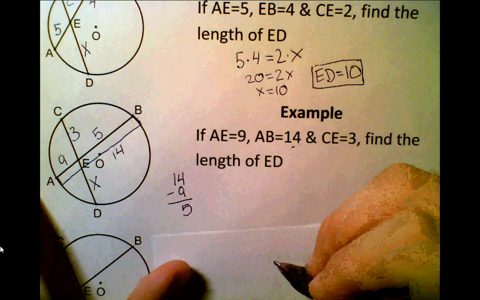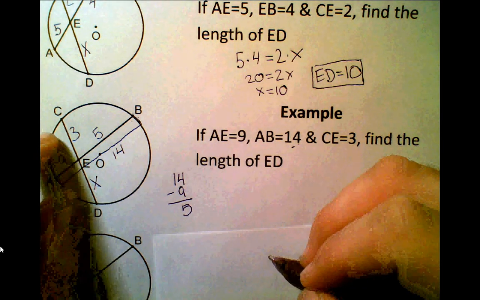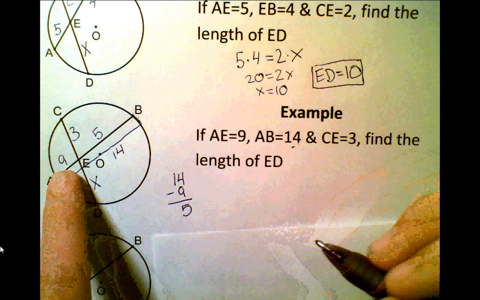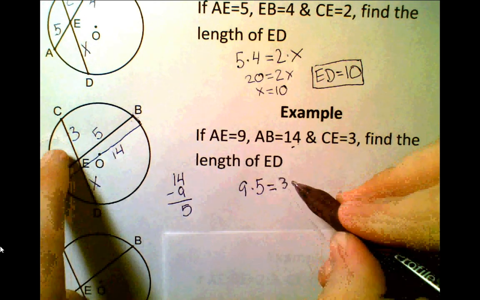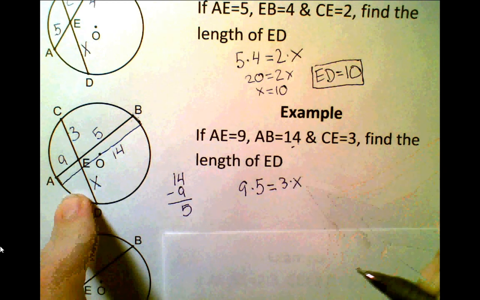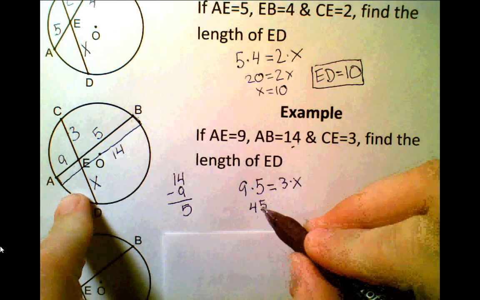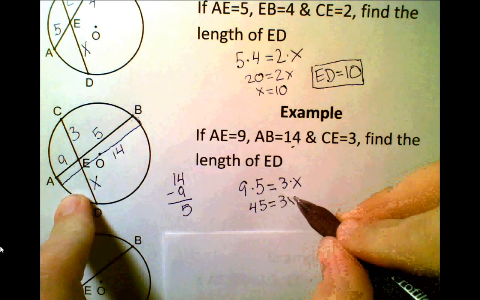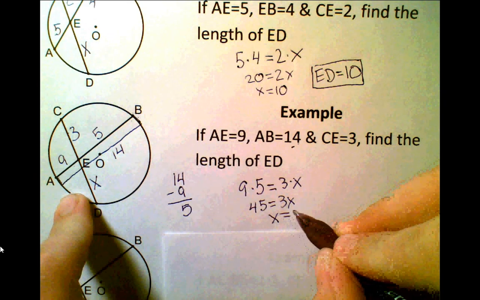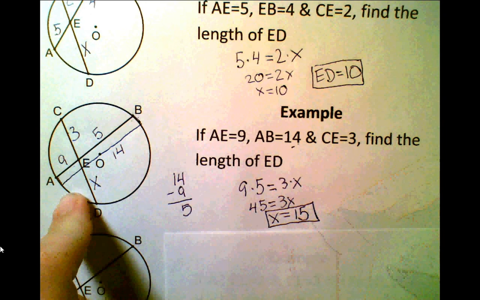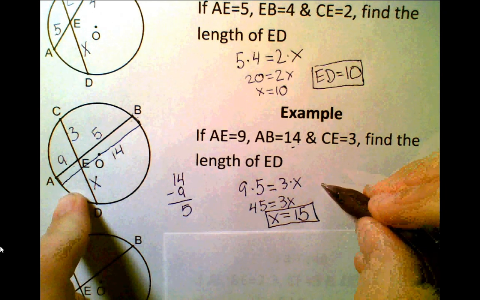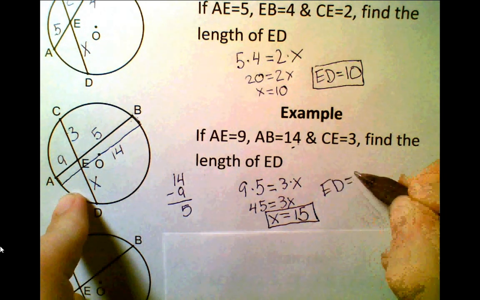Okay, now once we do that, we can set up our equation. 9 times 5 equals 3 times x. You do that, you get 45 equals 3x, and x is going to be equal to 15. Okay? And remember, x is ED, so ED is actually equal to 15.